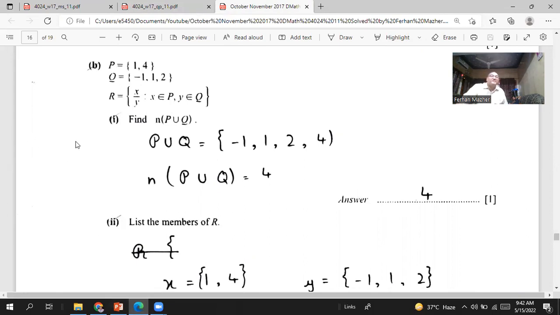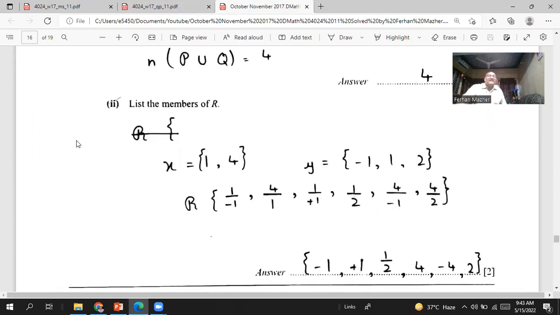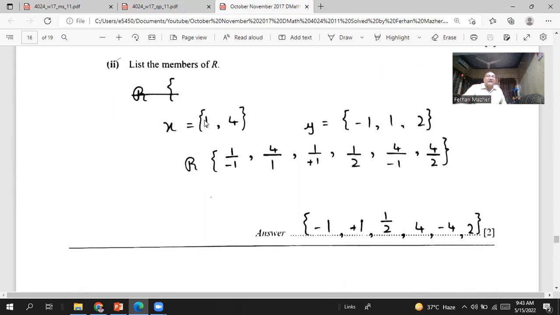Okay, now next they are asking to list the members of R. So R will be, X will be 1, 4 and Y can be minus 1, 1 and 2. So it will be 1 by minus 1, 1 by 1, 1 by 2, 4 by minus 1, 4 by 1, and 4 by 2.